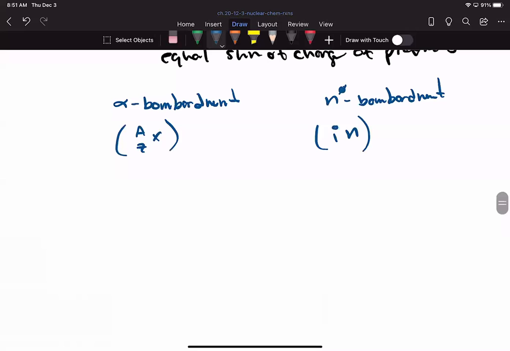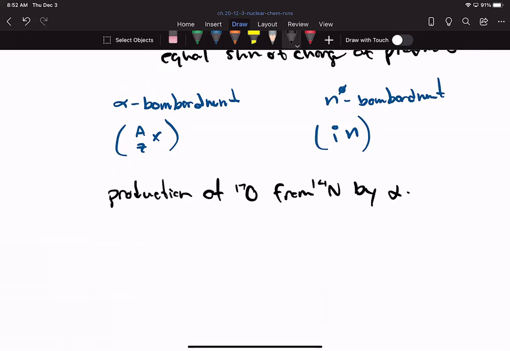All right, so let's do one with alpha bombardment, right? So I'm going to give you a problem here, and we'll say the production of O17 from nitrogen 14 by alpha bombardment.